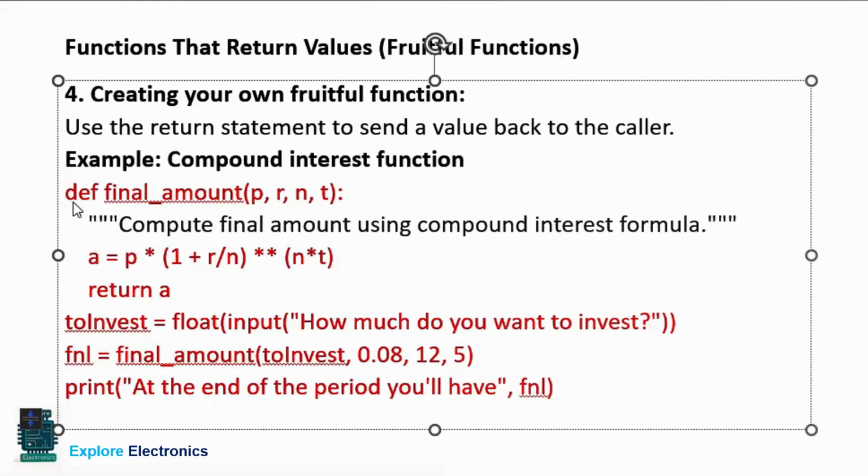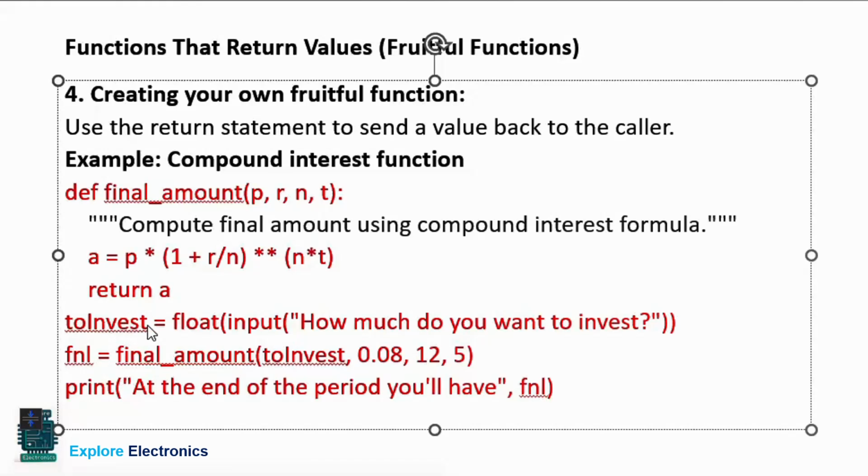In the first line, it defines a function named final amount with parameters P as the principal, R as the rate, N as the compounds per year, and T as the years. And it has the formula to calculate the compound interest. Here it will return A, sending the calculated value back to where the function was called.